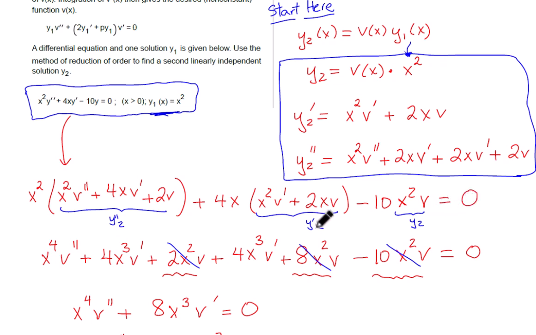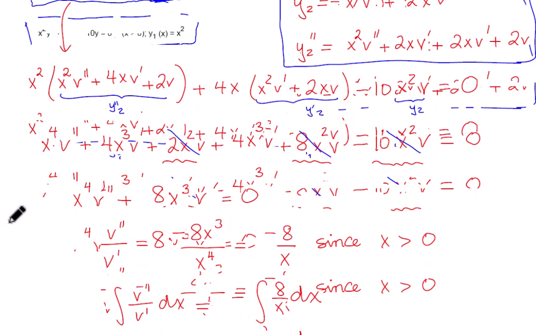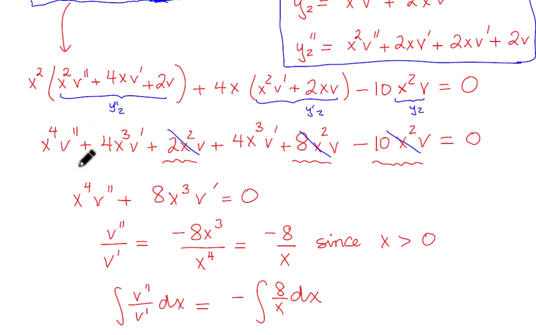So what I did then is just grind through all of that stuff. x squared distributing in, 4x distributing in. And so then I started looking at, well, what goes together? Well, let's see. I've got a v double prime. Don't see any more of those.